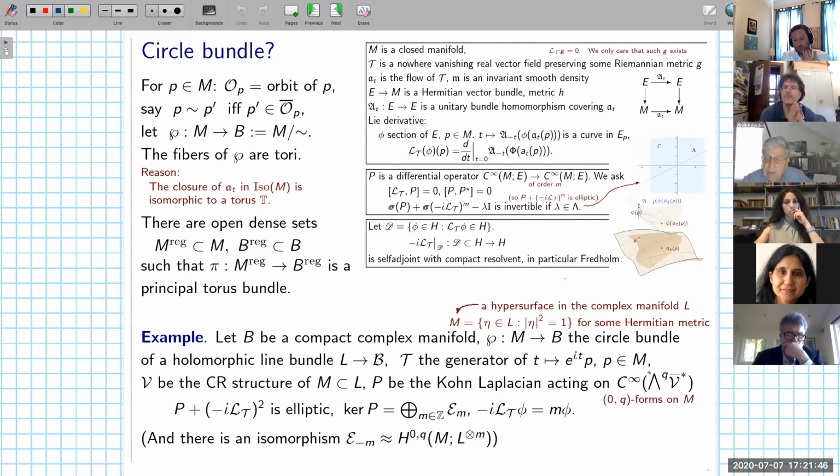On the one hand, it's isomorphic to the CR cohomology in degree Q, but that's the same thing as, for a given value of M, this decomposition into eigenspaces is actually such that each of these spaces is isomorphic to the space of holomorphic sections of the tensor power of L with itself M times. If M is negative, it's tensor power with the dual.